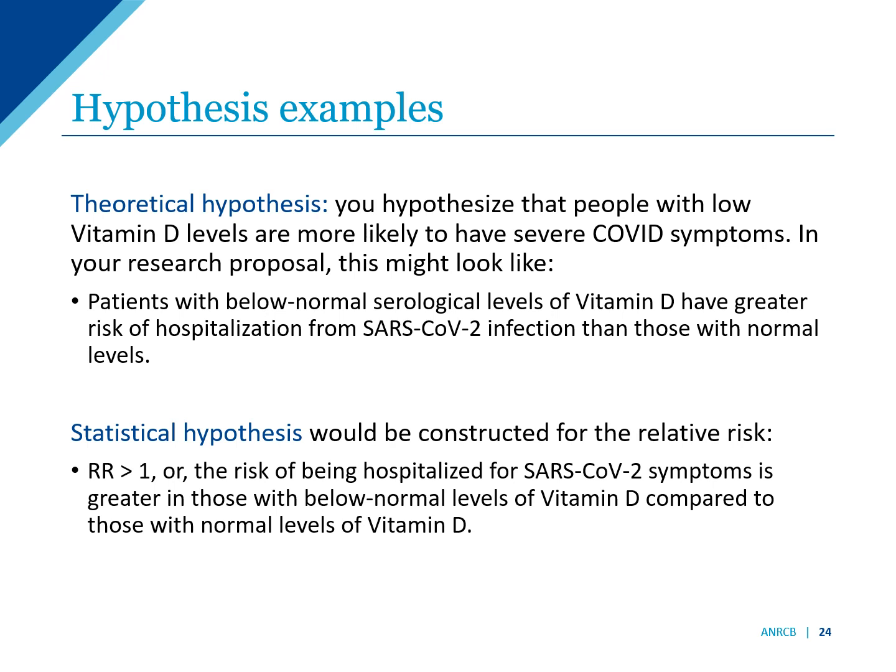In your research proposal, your theoretical hypothesis might be that patients with below normal serological levels of vitamin D have greater risk of hospitalization from SARS-CoV-2 infection than those with normal levels. But your statistical hypothesis would be constructed for the relative risk of being hospitalized among those who have below normal levels of vitamin D compared to those with normal levels of vitamin D being greater than 1.